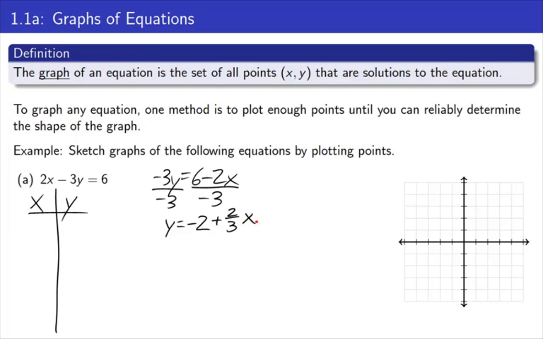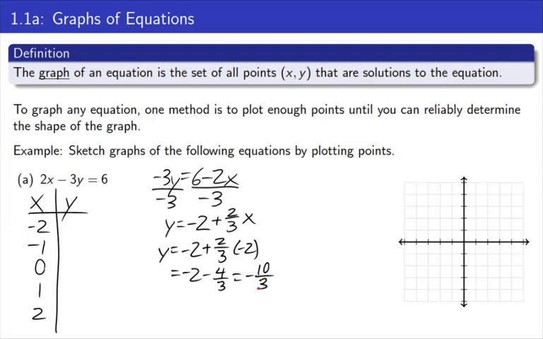Alright, so let's pick some points. Let's do negative 2, negative 1, 0, 1, and 2. So I'm picking the x-coordinates, and this equation will give me the y-coordinates. So if I plug in negative 2 for x, I get negative 2 minus 4/3, which is negative 10/3.